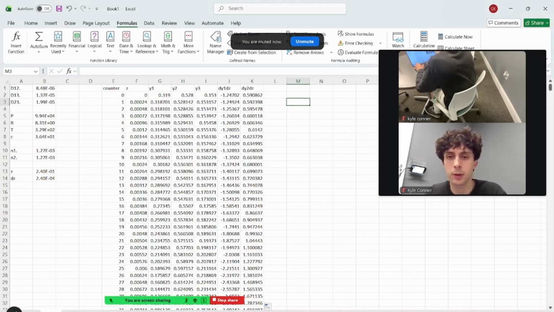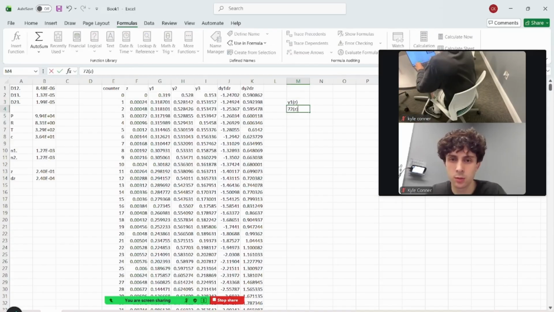So we're going to quantify this by y1 at z, and then y2 at z. We're going to use this.